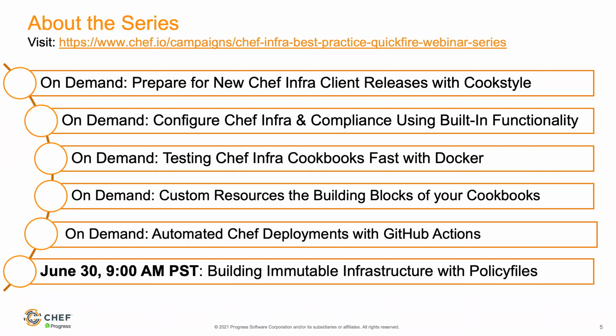Also, how you can use custom resources to build and create your cookbooks. And another very interesting one that just happened a couple of weeks back was how you can automate your deployments using GitHub Actions. And today we are going to be talking about building immutable infrastructure with policy files. And there will be a couple of other similar best practices which we will be highlighting. For example, the next one I'm assuming is going to be on Chef Workstation, and you should stay tuned for more details.